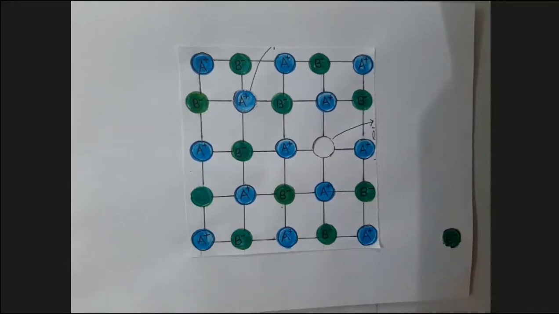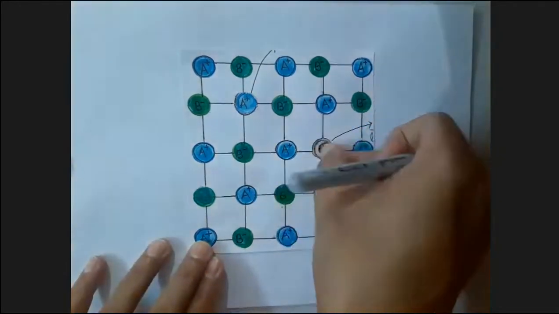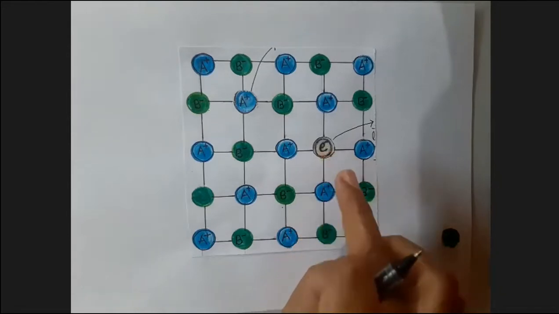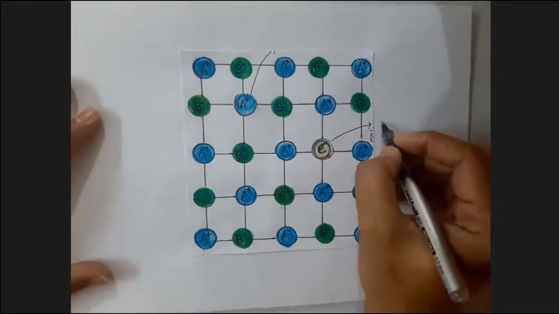A hole is created in which electrons remain entrapped to maintain electrical neutrality. इसमें क्या हुआ कि नेगेटिव एनाइन जो है वो बाहर गया, उसकी जगह पर इलेक्ट्रॉन ने उसका स्पेस ले लिया. So what happens here?